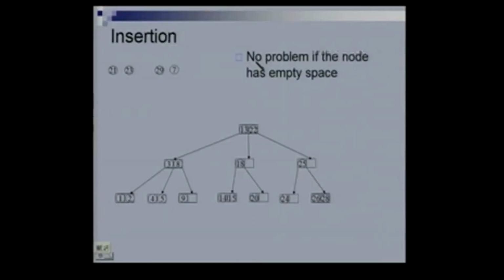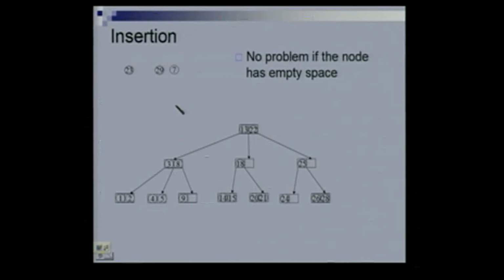Insertion. As you can imagine, this is going to be essentially a repetition of what we did for the 2-4 trees, with small modifications. Now I am trying to insert, let us say, this key 21. It is a multi-way search tree, so I will find the position where this has to go. 21 between 13 and 22, come down, more than 18, go right, and it can fit into that node.